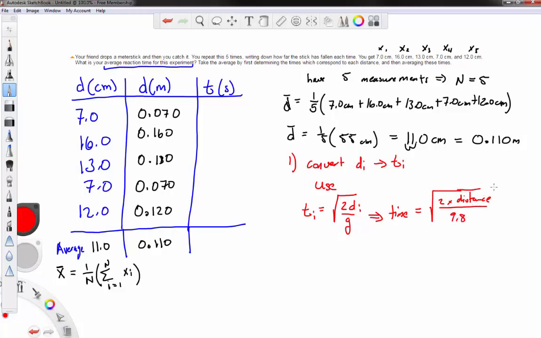But notice that the equation said specific units. Distance is in meters, time is in seconds. So because this distance is in meters, it's useful to have these sets of distances.